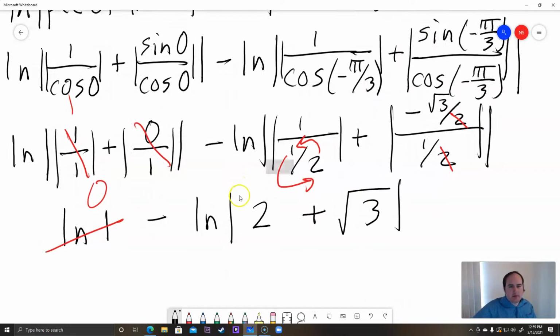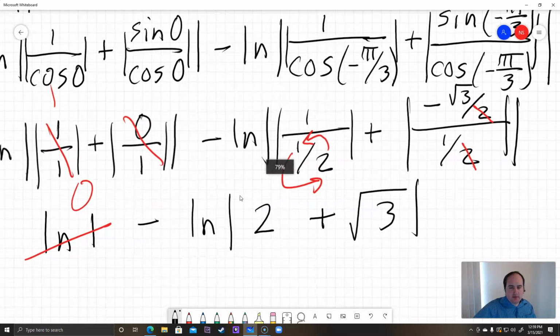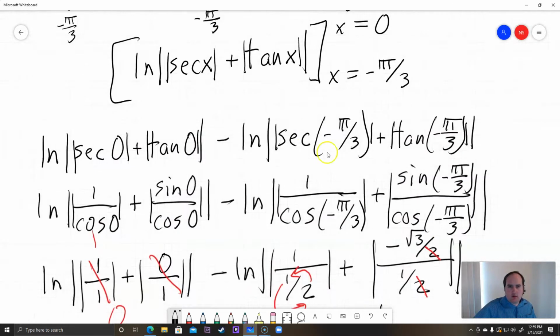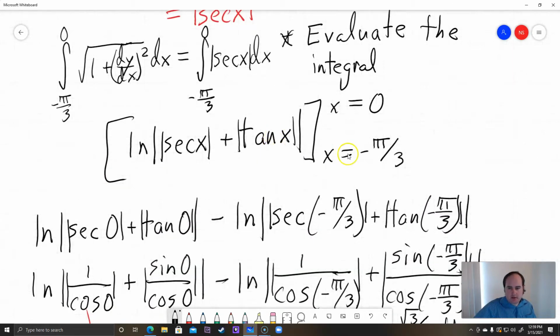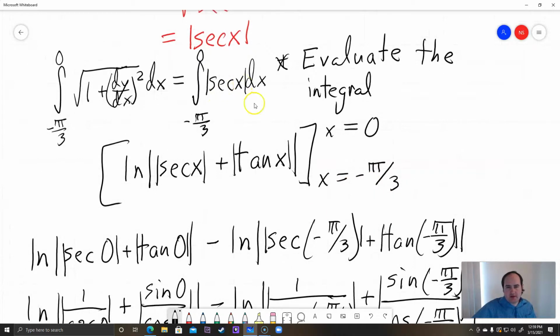And also another thing about absolute values is they affect your limits of integration. So even though I'm doing this kind of loosey-goosey, kind of waving my hands a little bit, this x equals negative pi over 3, that's okay, but because we were doing absolute value of secant of x, if you take the integral of an absolute value, that has to be positive.